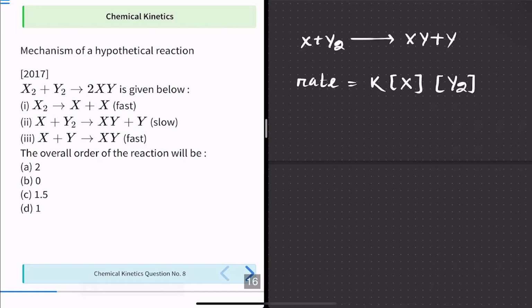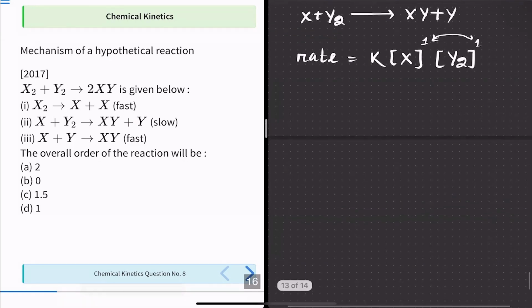From this, the order of the reaction is 2. Order of the reaction means the summation of the superscripts of the rate law.